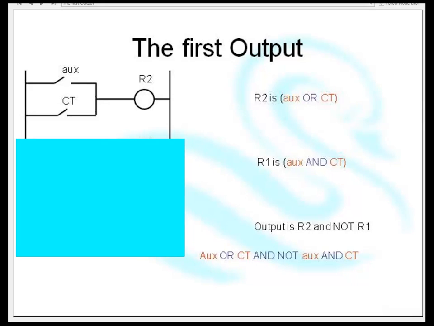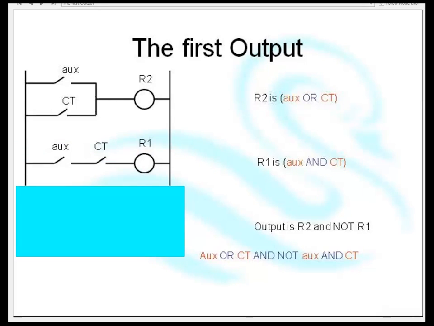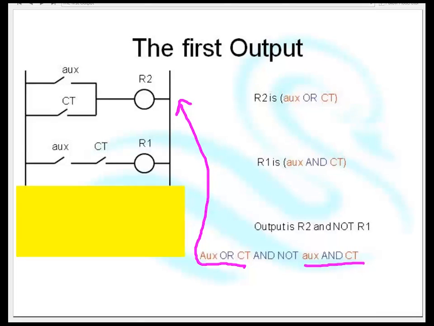I also want to do auxiliary and the CT. So I put another relay in, R1, which is auxiliary and the CT. My English sentence read that the output comes on when I've got the auxiliary or the CT, and not the auxiliary and the CT. The auxiliary or the CT comes from there, and the auxiliary and the CT comes from there.